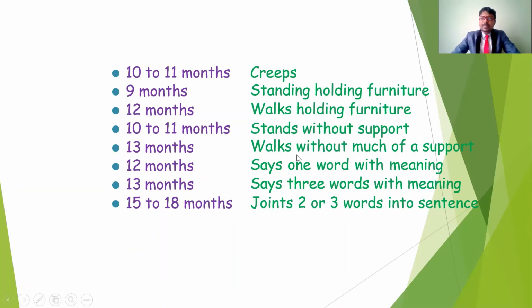If there is any abnormality, if any patient comes to the clinic after 1 year, and the baby cannot hold the neck, cannot sit, has no social smile, or is not recognizing bright objects, these are all abnormal or delayed milestone development.